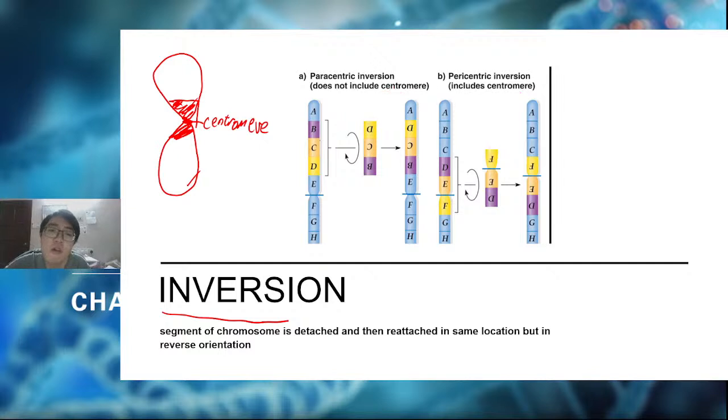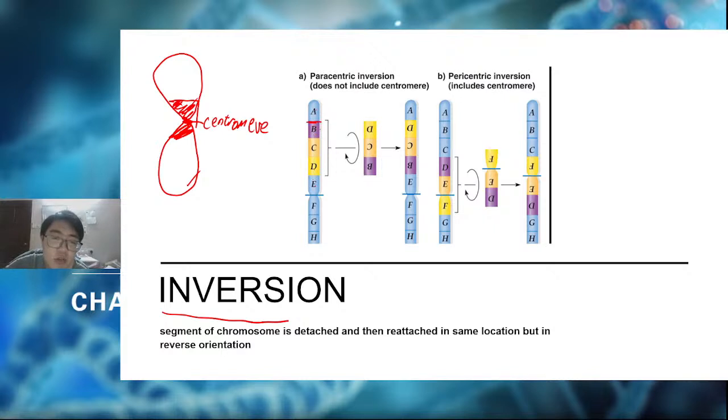So how does it work? I already said inverse means it is reversed. The location is still the same but it is reversed. For example, A, B, C, D, E is the normal one. But since it has a mutation, it is reversed.